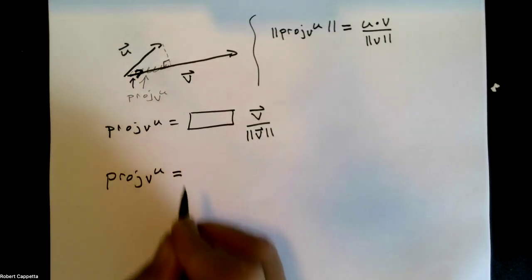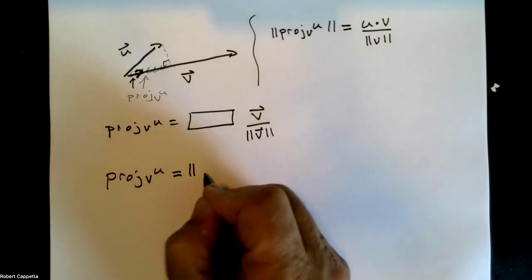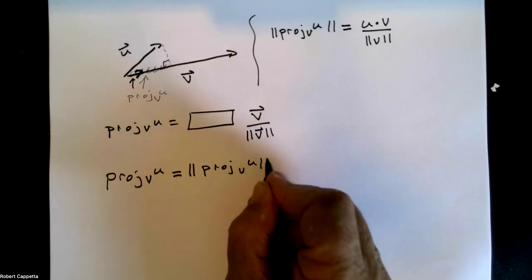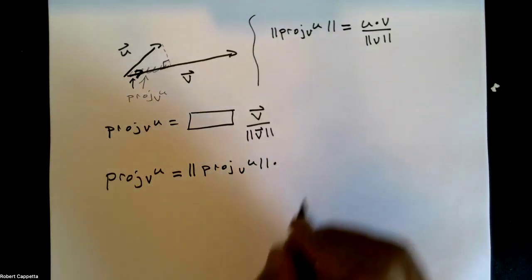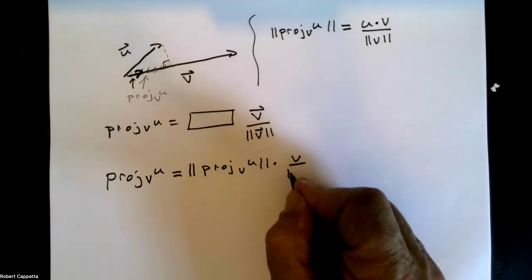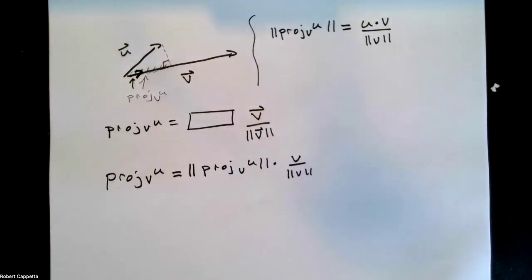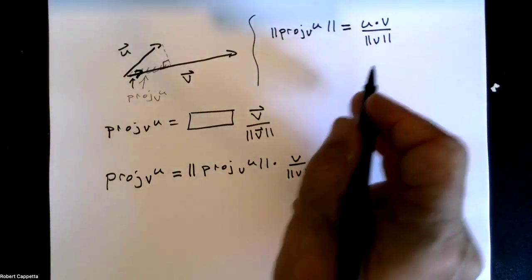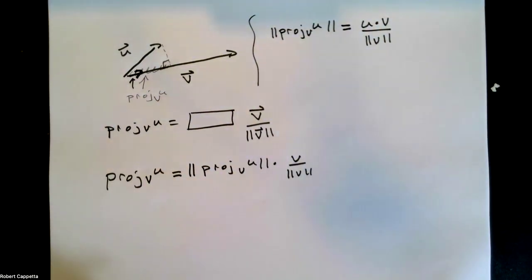So this will be the magnitude of the projection of u onto v times the unit vector in the direction of v. Again, it really should be the absolute value here to be completely honest, but I want to keep the sign so that if it points the other direction, I can be okay.